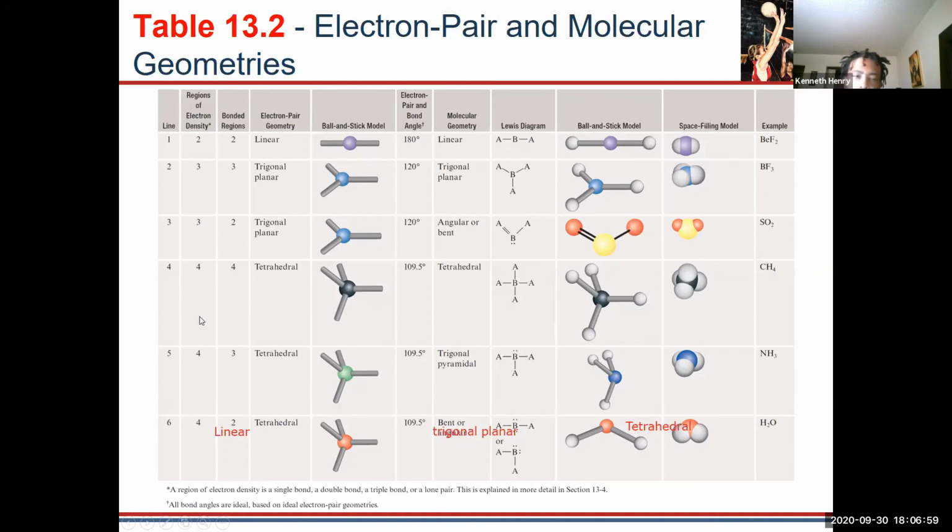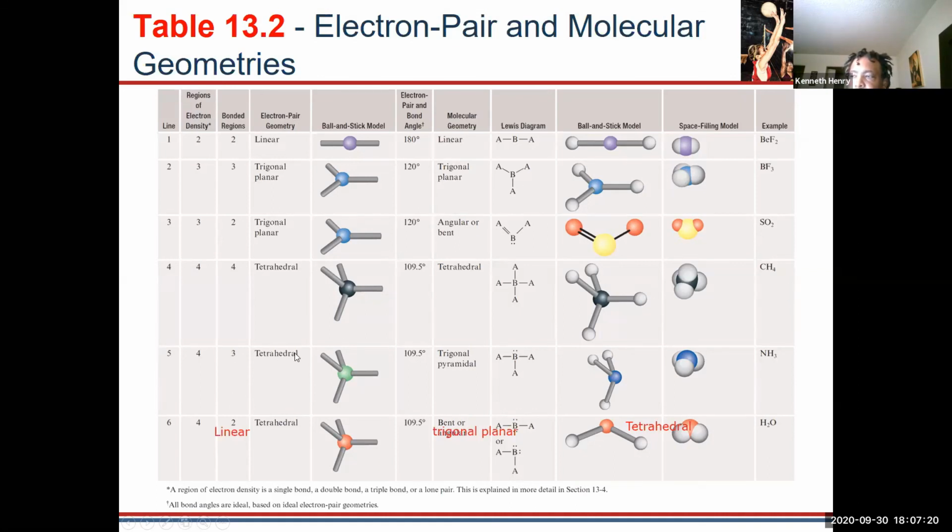So here's an example of 4 attachments. Tetrahedral. And this is just another example. Methane is the example that is commonly used.